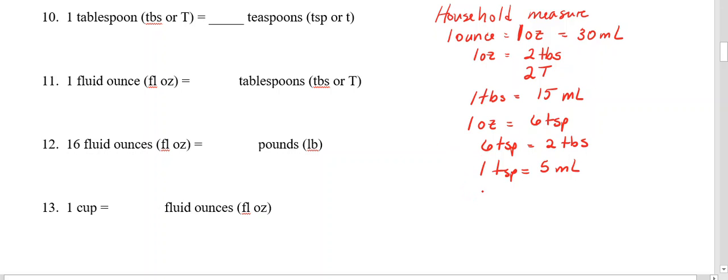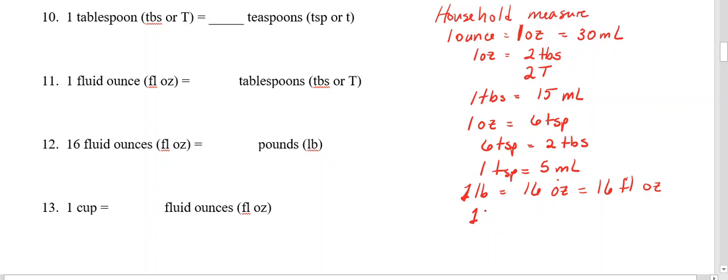All right, moving on. 1 pound equals 16 ounces. Sometimes it's dry ounces. Sometimes it's fluid ounces. So the weight is the same. It just depends on what you're measuring.